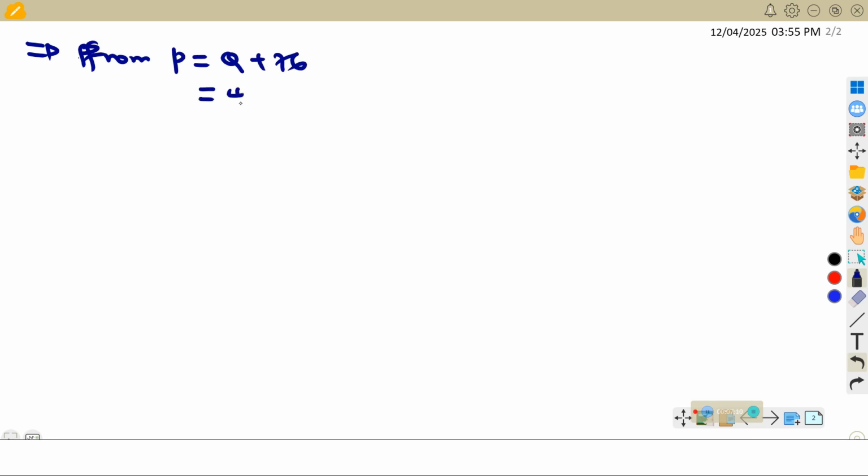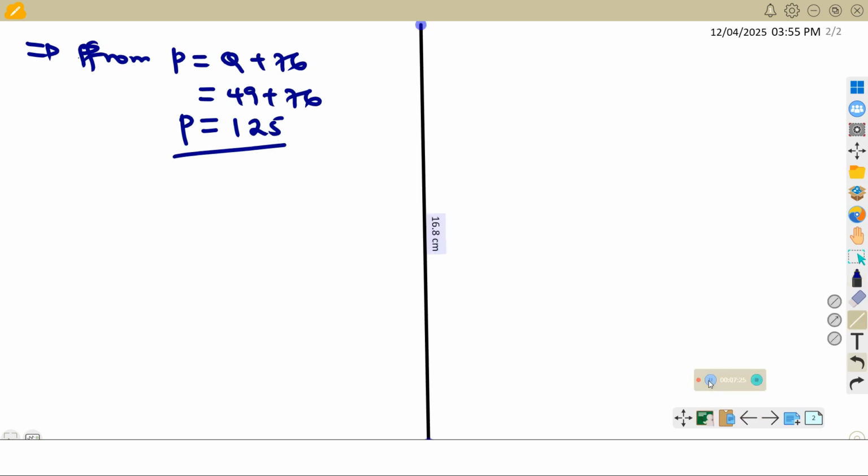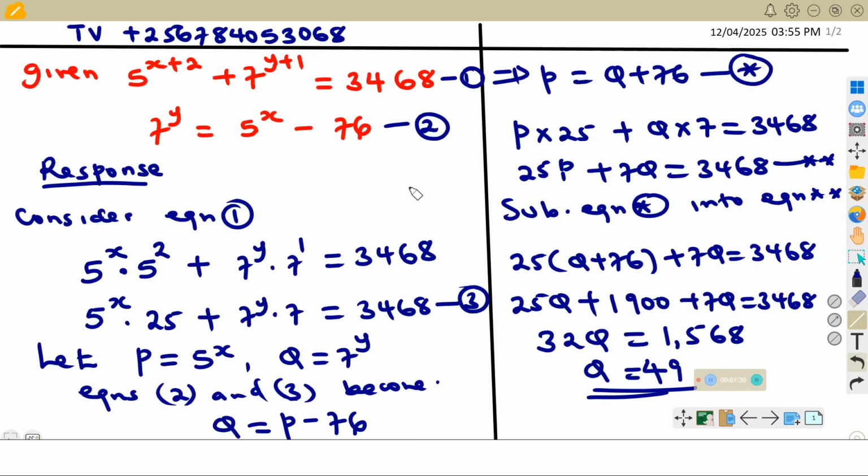So we shall have 49 plus 76, and this will be equal to 125. This will be the value of p. Having got the values for p and q, we can now get the values of x and y. We had that q is 7 to the power y and p is 5 to the power x.